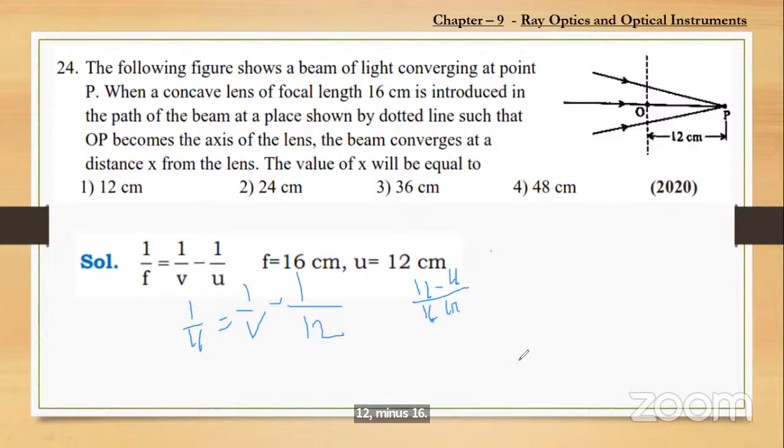Is it? So what's the value? Oh, it's not minus, plus. 12 plus 16. What could be the value of 12 plus 16? 28. So if you are going to solve 28 divided by 16 into 12.